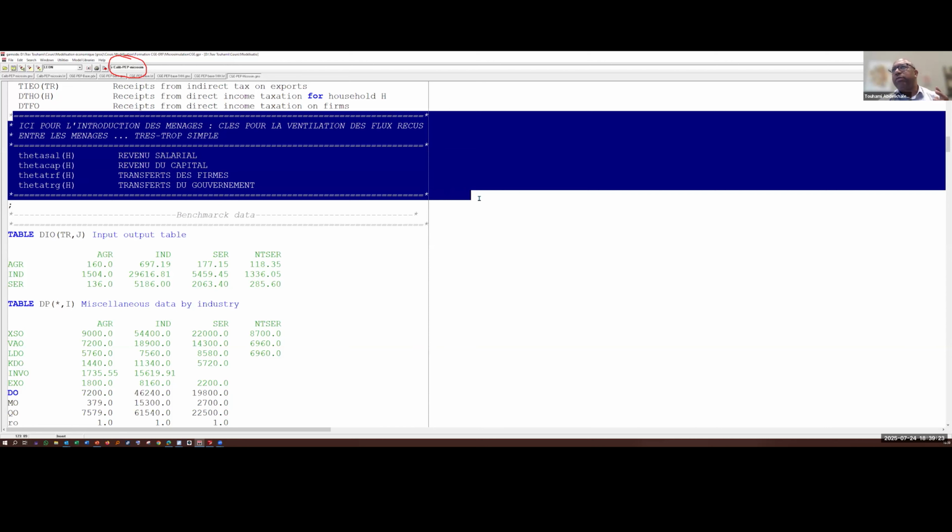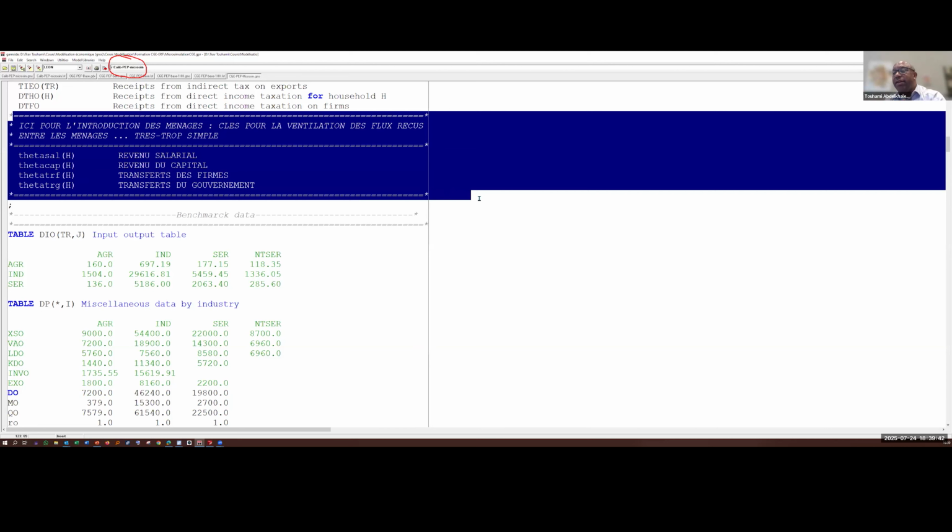What is new? In the sum, we have only one flow in the aggregated model. Now, for the wage bill, we have to split it among many, many households.